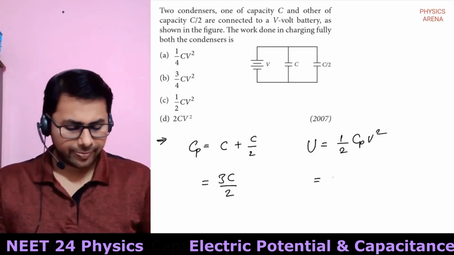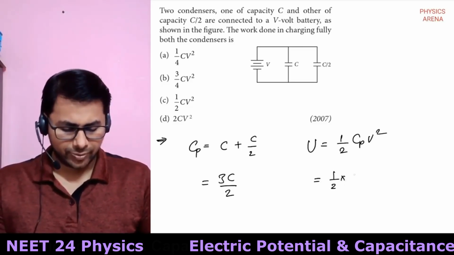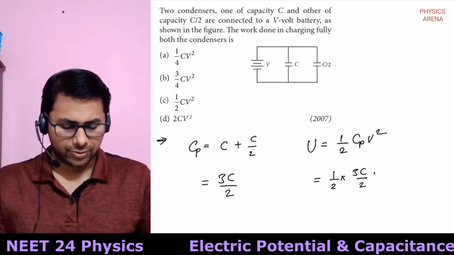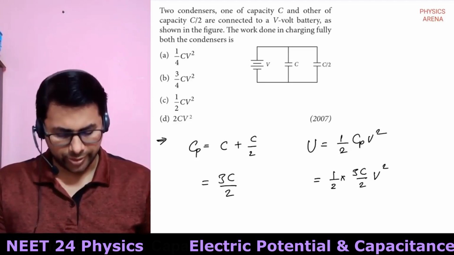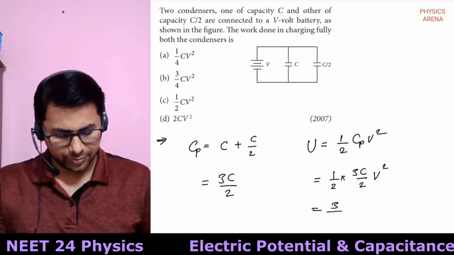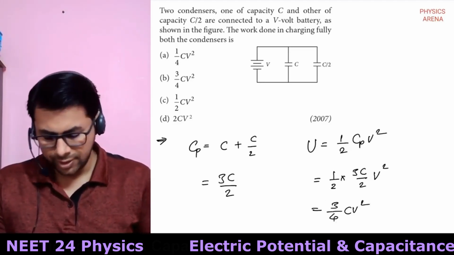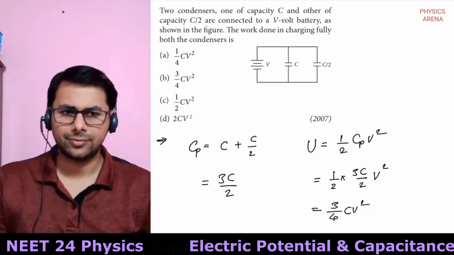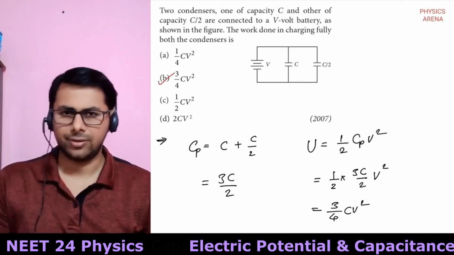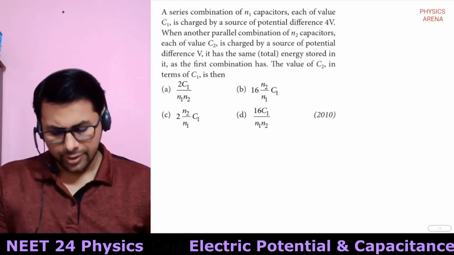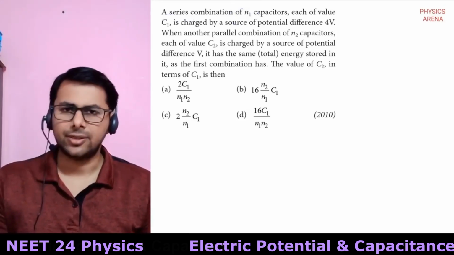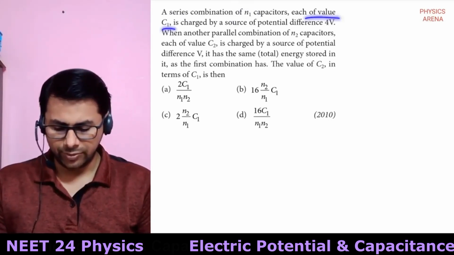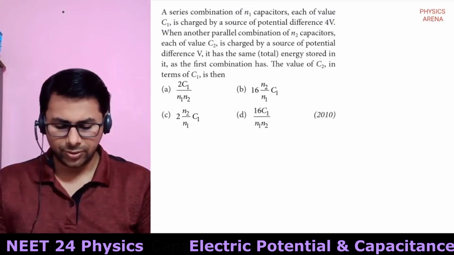V is same for both of them. So it is half of 3C by 2 into V square, or you can say 3 by 4 CV square. This is the answer, right? Option B.